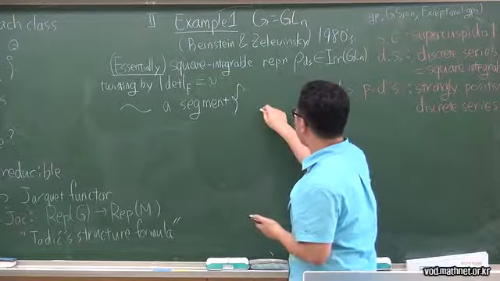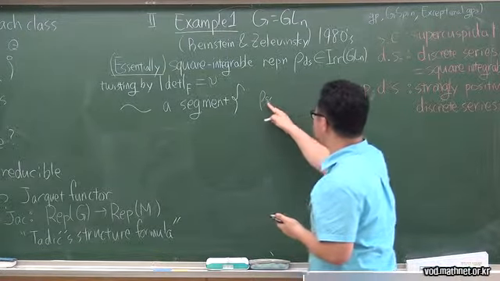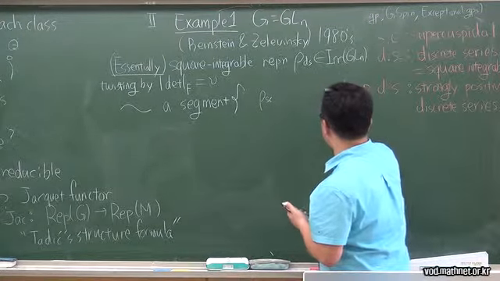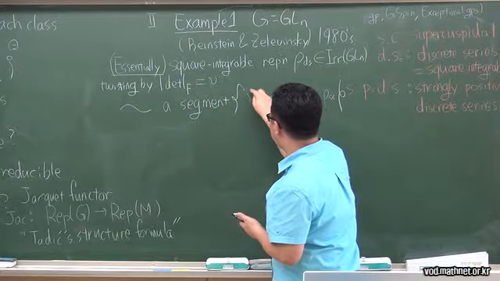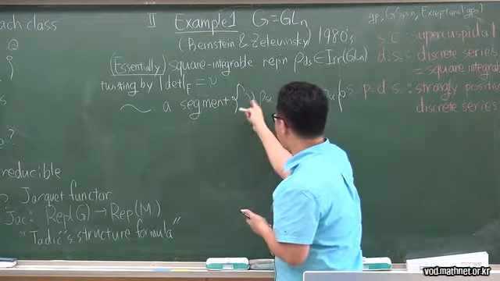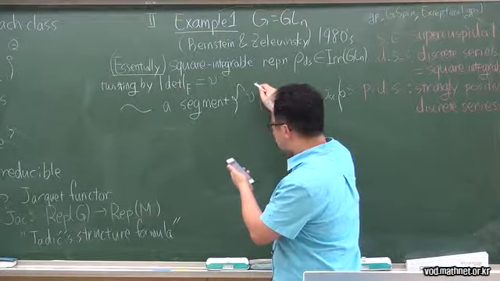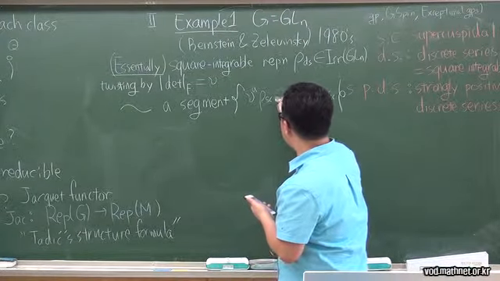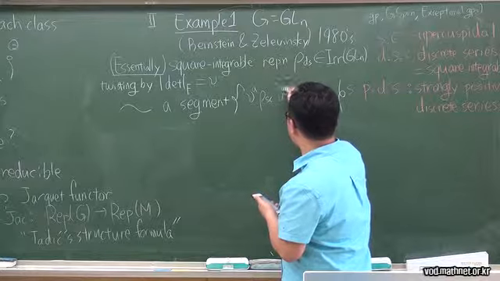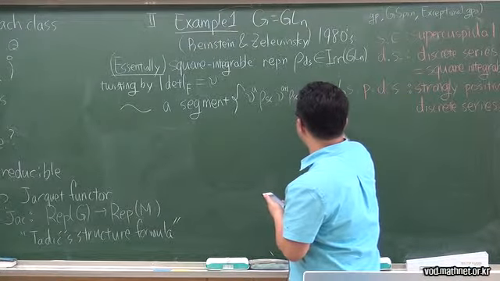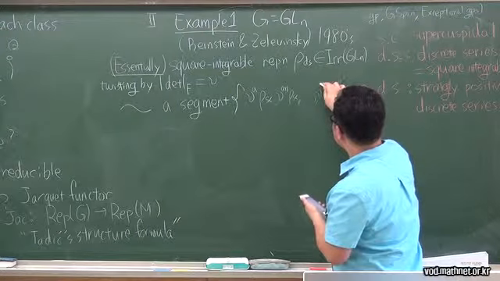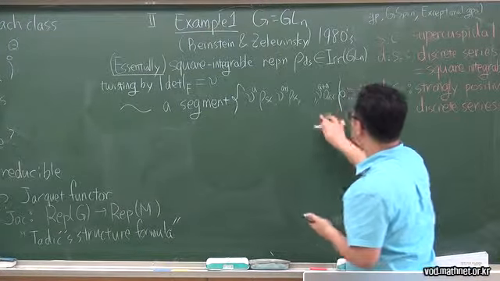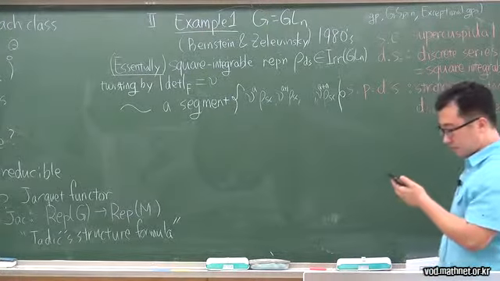So we have rho SC, where SC means supercuspidal, and a bunch of the same rho SC, twisted by the determinant character to a certain power a, and the second one we add one more, rho SC, all the way up to nu to the a plus n.